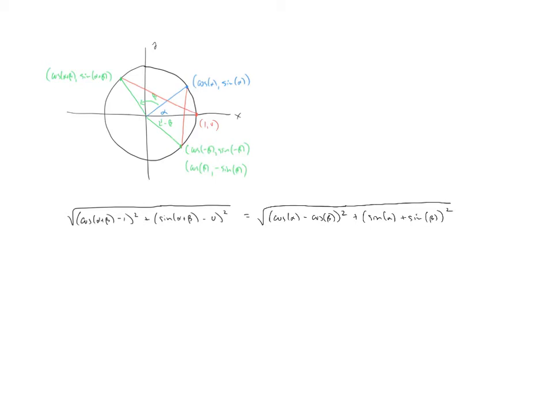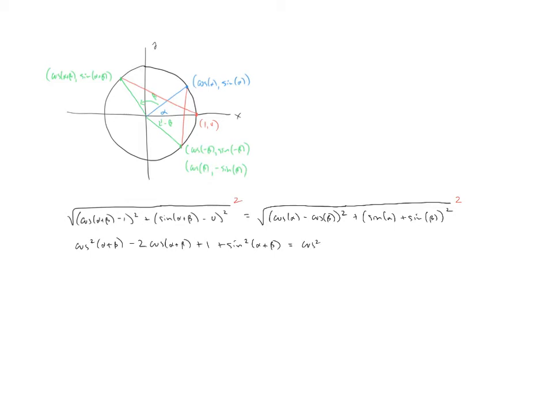Now, if we come through and we clean this up, which is what we're going to do, a lot of it should fall apart pretty nicely. So I'll come through and I'll square both sides. On the left, we'll have cosine squared alpha plus beta minus 2 cosine alpha plus beta plus 1 plus sine squared alpha plus beta. On the right-hand side, I'll have two binomials to expand here.